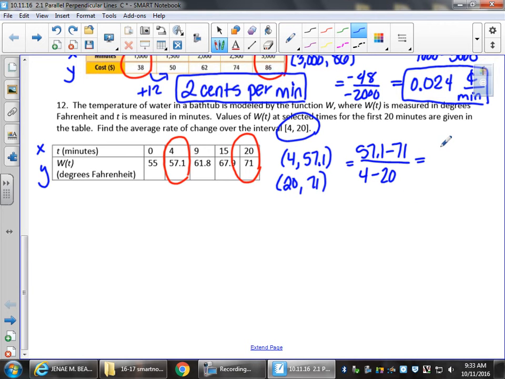Negative 13.9 divided by negative 16. What does that equal as a decimal? 13.9 divided by 16. Let's take it to 3 decimal places, 0.867.